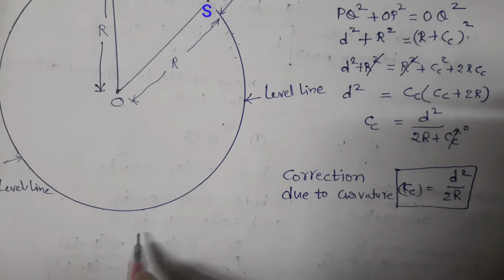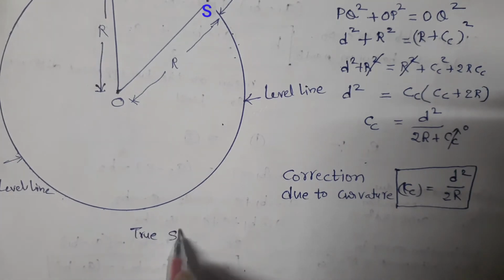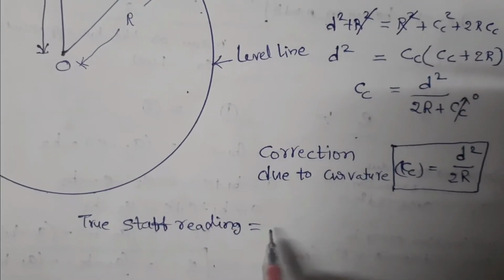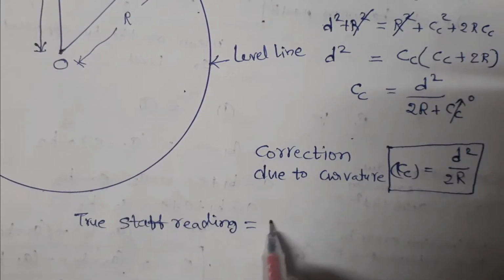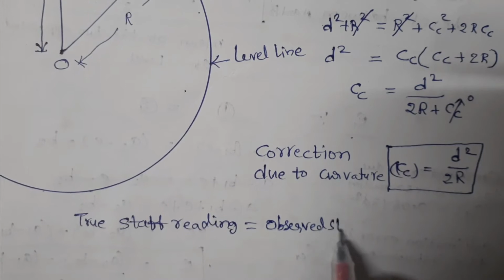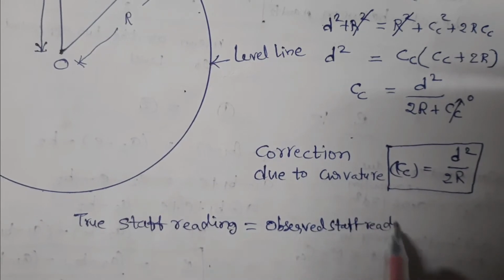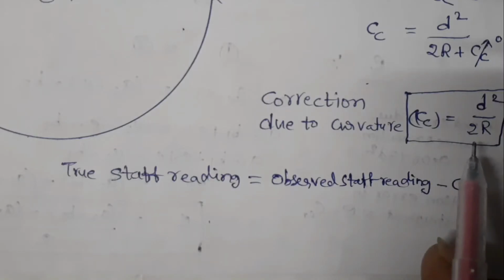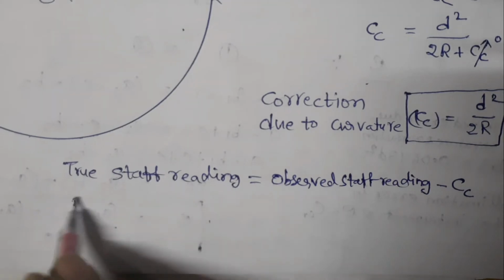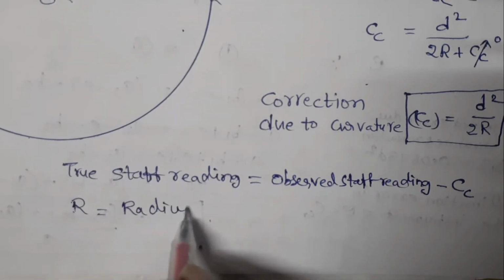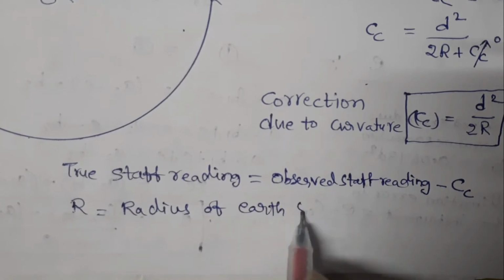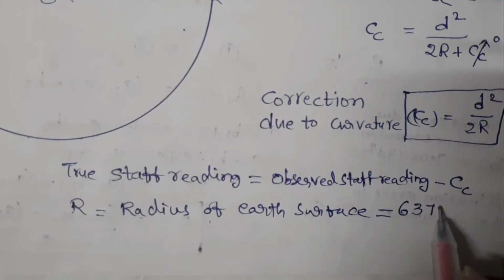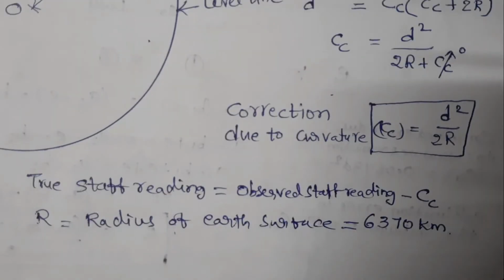Therefore, true staff reading is equal to staff reading observed minus curvature correction. Here the R is radius of earth surface. It is taken as 6,370 kilometers.